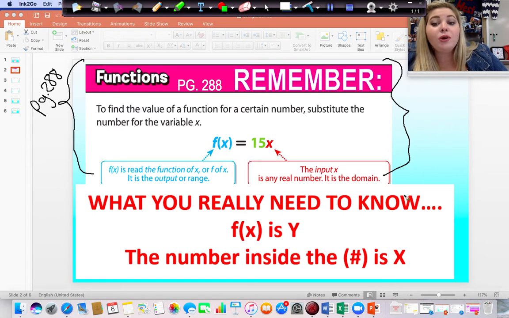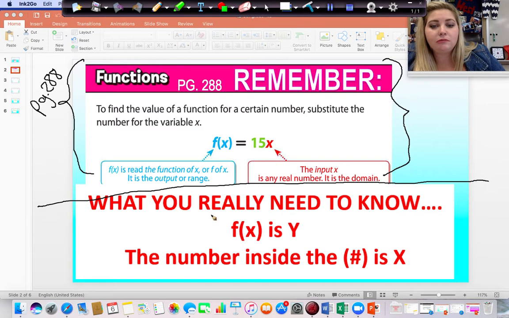Okay, what you really need to know is this. This is what you are putting in your notes. What you really need to know is that f of x is just your y, and the number inside the parentheses is your x value.